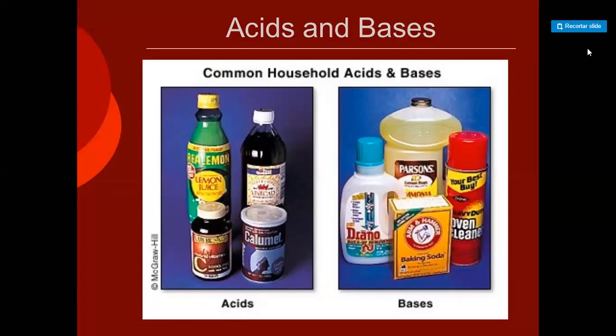Now, the same thing has been sorted out into acids and bases. Lemon juice, vinegar, they all contain acids, and baking soda and some insect killers contain bases.